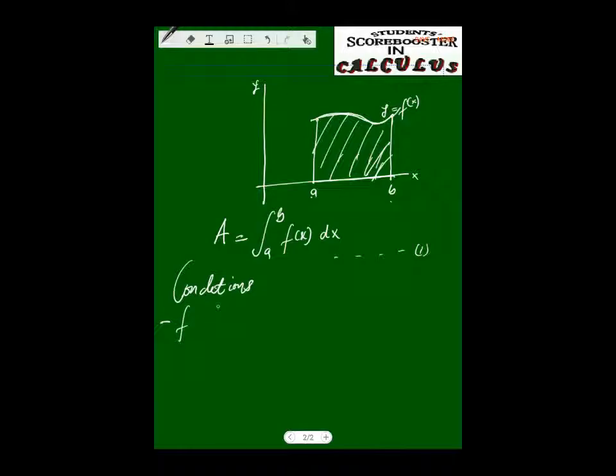F should be continuous on a closed and bounded interval a and b.